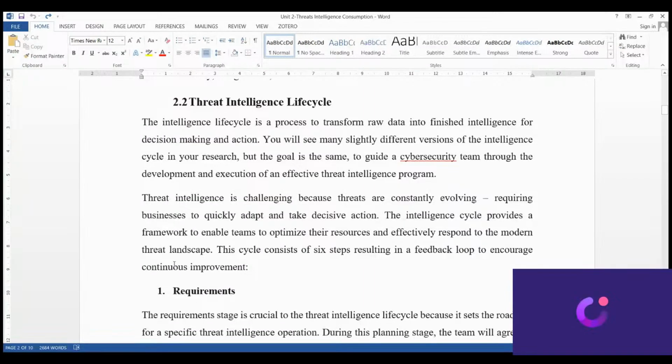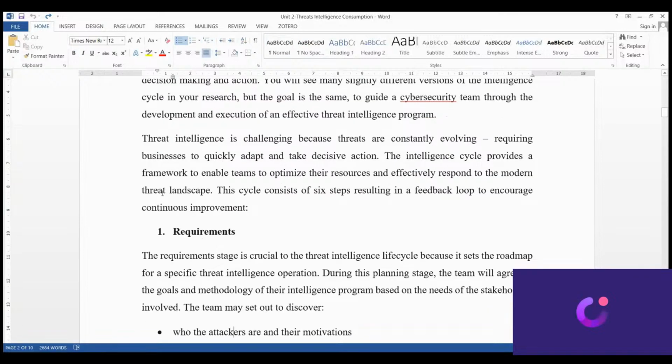The first step is requirements. The requirements stage is crucial to the threat intelligence life cycle because it sets up the roadmap for a specific threat intelligence operation.